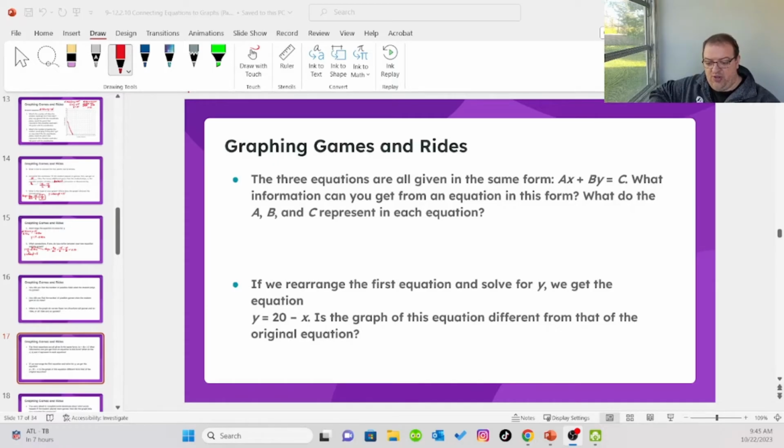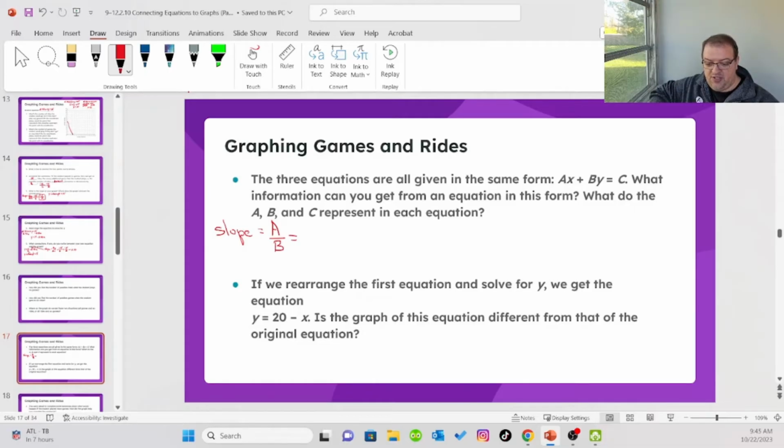In every situation, we can actually find our slope and our y-intercept using the coefficients in the a, b, and c position. If we want our slope, then we can take a, which is the coefficient in front of x, and we can divide it by b, which is our coefficient in front of y, and that will give us our slope.